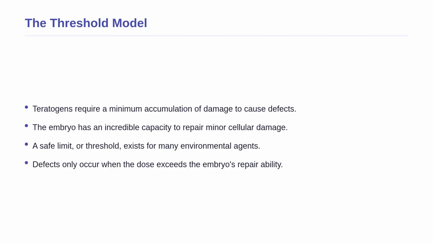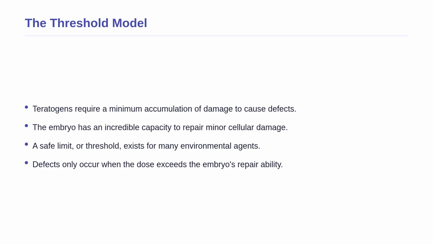Moving beyond timing, another crucial concept in teratogenesis is the idea of a safe limit or threshold. Unlike cancer-causing agents, where even a single molecule might theoretically cause a mutation, teratogens usually require a minimum accumulation of damage before any physical defect is visible.